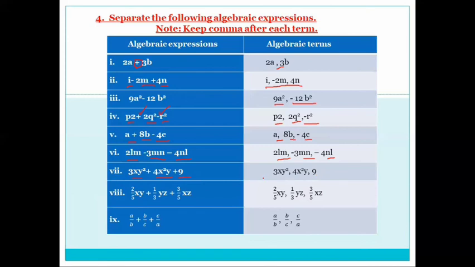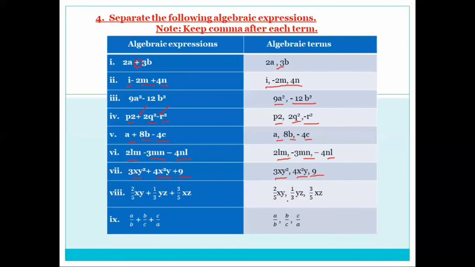We will write only the term, and after each term, 9 has no plus sign. Dear students, I write 3x square y, 3xy square plus 4x square y, minus comma 9. Here, no need for plus.